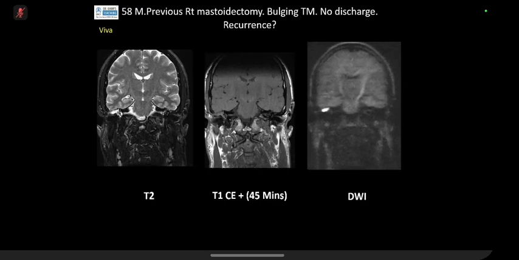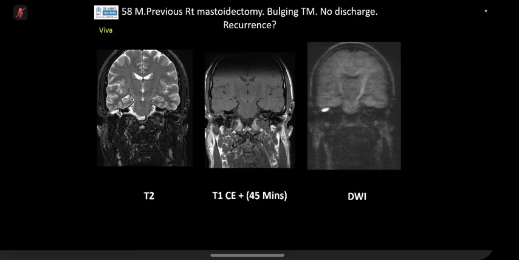One is fluid, second thing is granulation tissue, and the third thing is cholesteatoma. Key point to remember is that the only thing which will show restricted diffusion is recurrent cholesteatoma. There was a concept that you do special type of imaging where you can differentiate between the three.